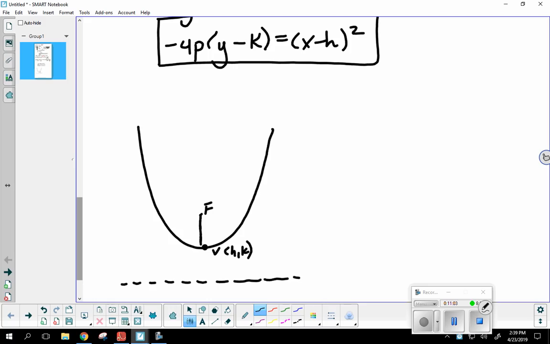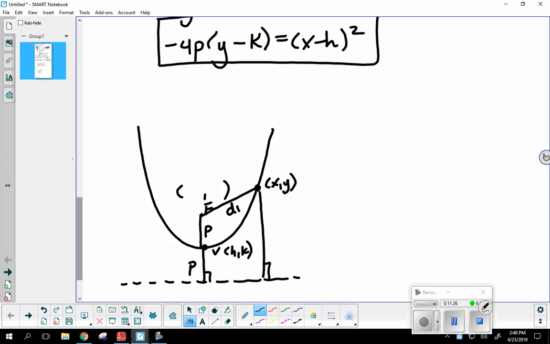So using the fact that from the focal point to a vertex is p units, from the vertex to a directrix is p units, you're going to come up with some coordinate for your focal point. You're going to connect it to some random point, x, y, on your parabola, and then you're going to connect that down to your directrix just like I did.